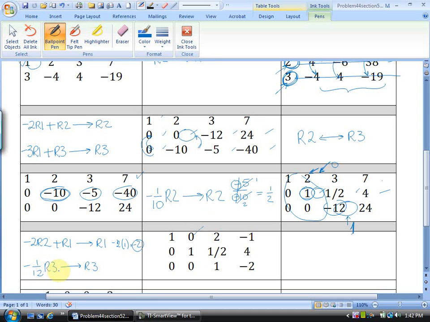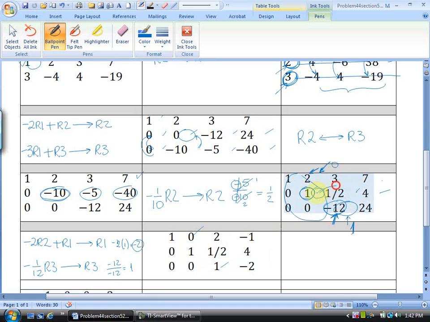Let's see what happens to this minus 12. Well, I'm going to take minus 12 and I'm going to divide it by minus 12, and this will give me plus 1. So in this position where the minus 12 is, there will be a plus 1, and there it is. So the thing is, I have to do this operation to the whole row. So let's go now.